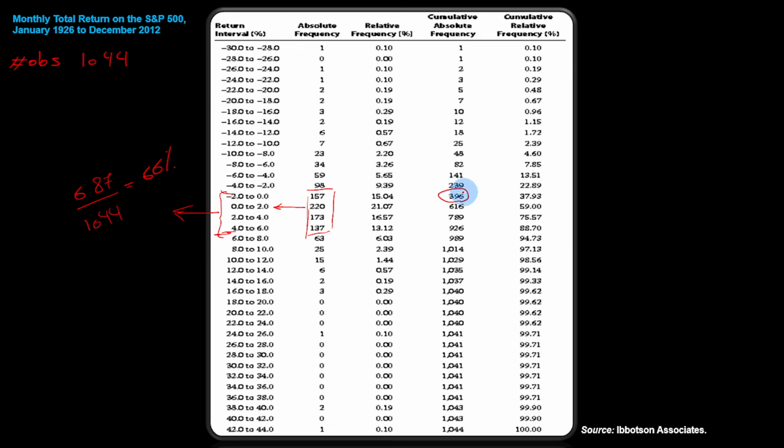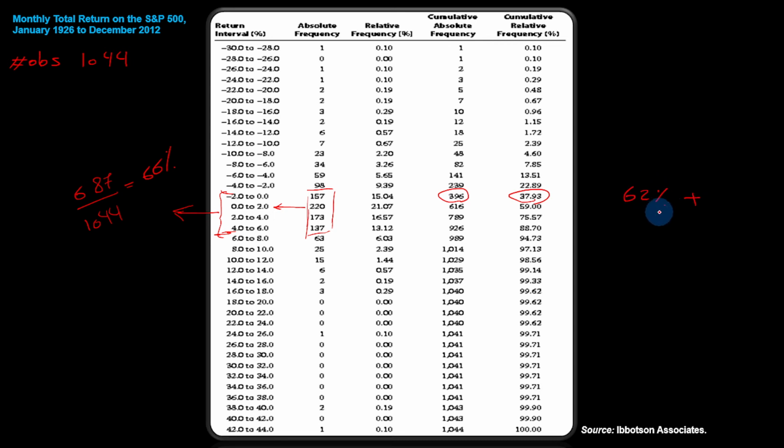And again, if I go across to the cumulative relative frequency, I can see the percentage of that: 37.93% of the monthly outcomes are negative. So if 37.93% of them are negative, then it's pretty easy to calculate. The rest would be positive, right? So about 62% of them are positive.